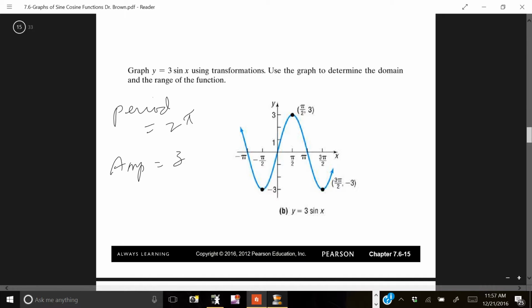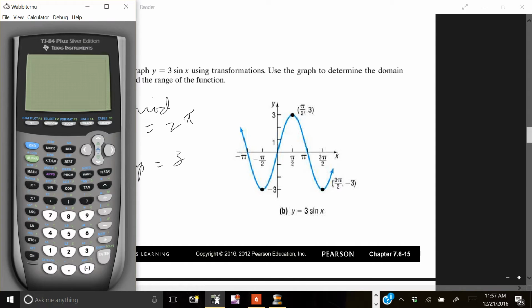And let's put this in our calculator. Let's put 3 sine of x.